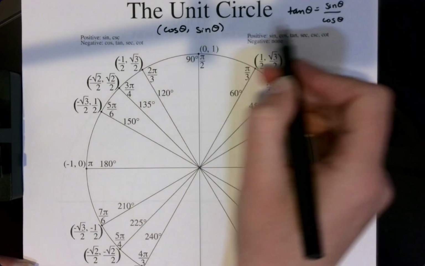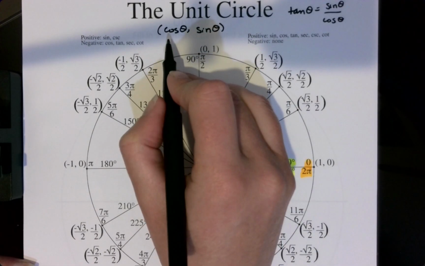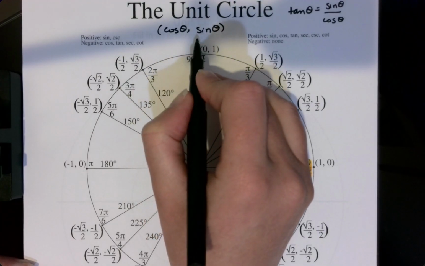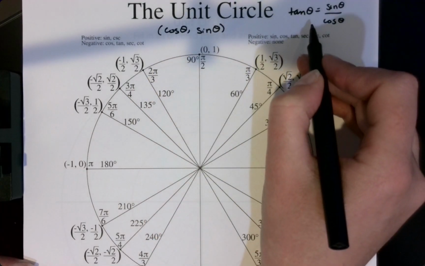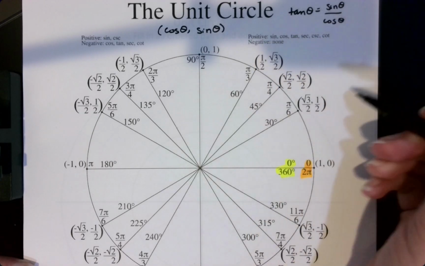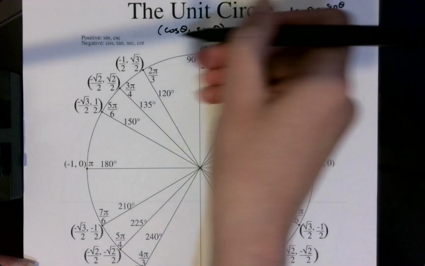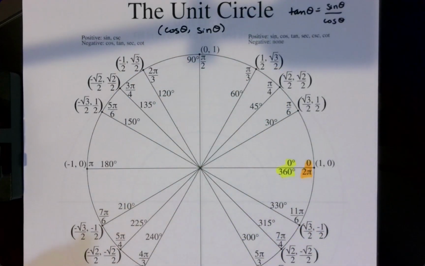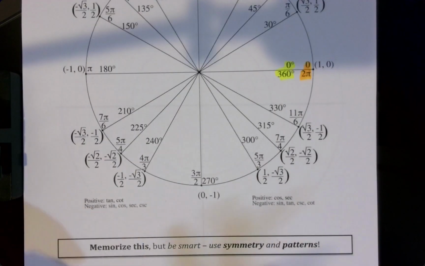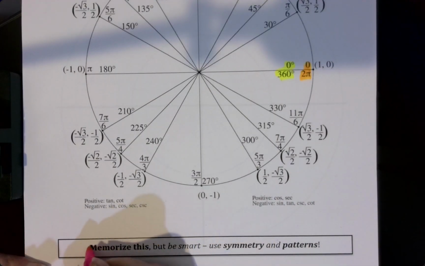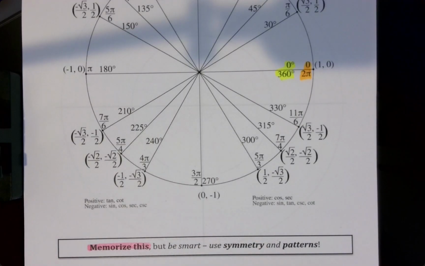I can divide them to get to the tangent, and I can take their reciprocals to get to secant and cosecant. And if I can get to tangent, I can take its reciprocal and get to cotangent. So these ordered pairs are going to allow me to find all six trigonometric ratio values for all six functions.